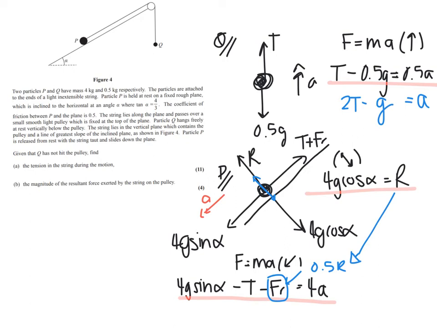And I'm just going to do it in one step to save space, but obviously take your time with this. So we've got our 4g sine alpha.